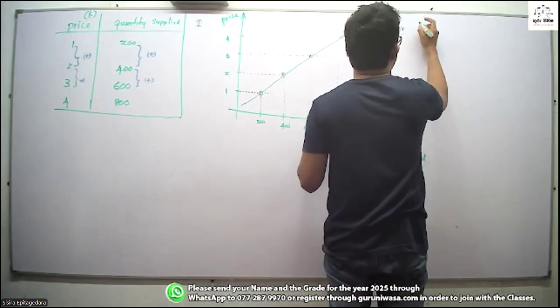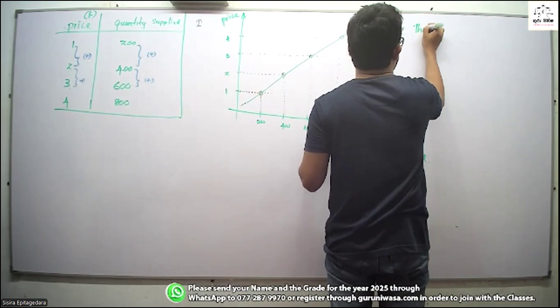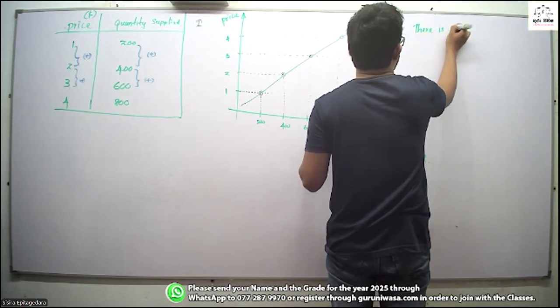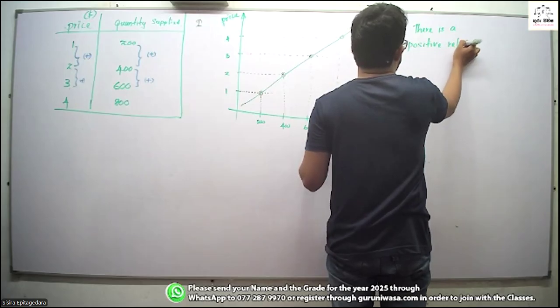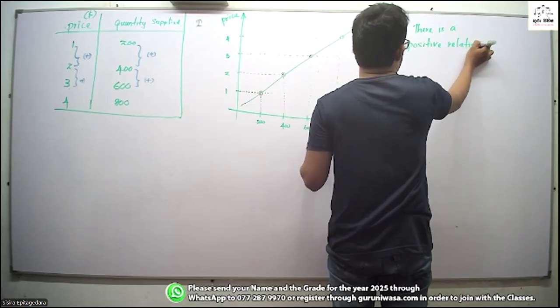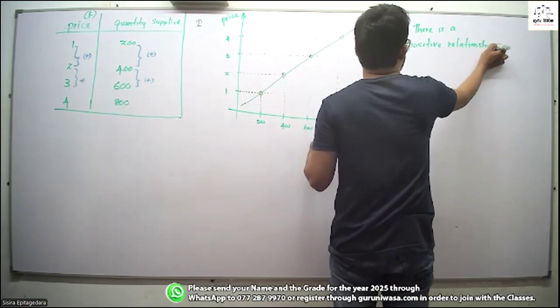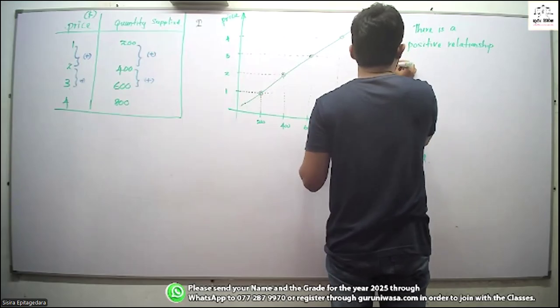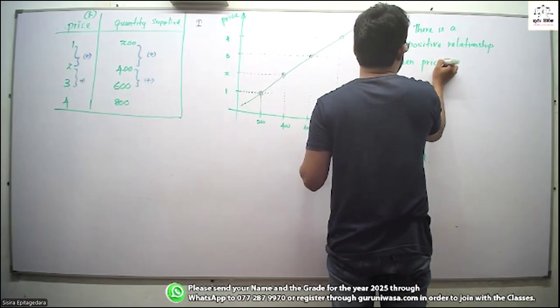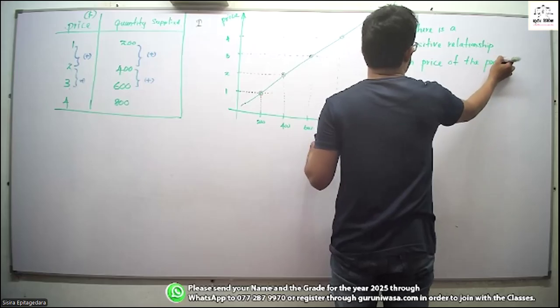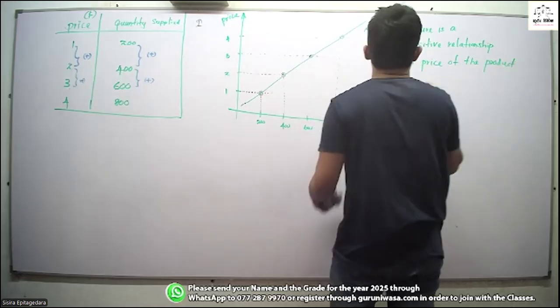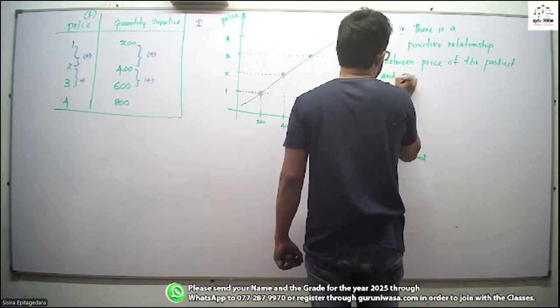There is a positive relationship between price of the product and quantity supplied.